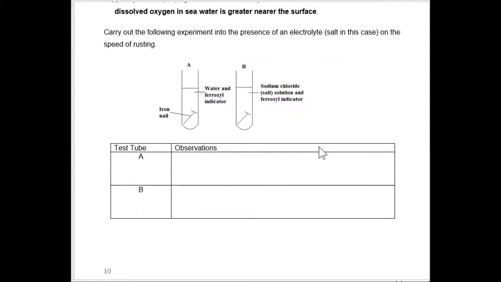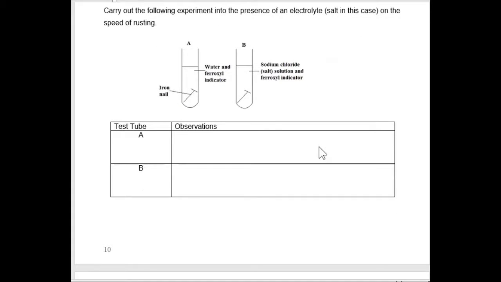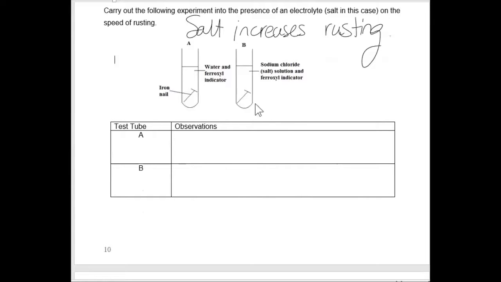Carry out the following experiment into the effect of an electrolyte, salt in this case, on the speed of rusting. The key here is that salt increases rusting. So the observation is, here we've got ferroxyl indicator and an iron nail just put in normal water. Well, it's going to rust, isn't it?